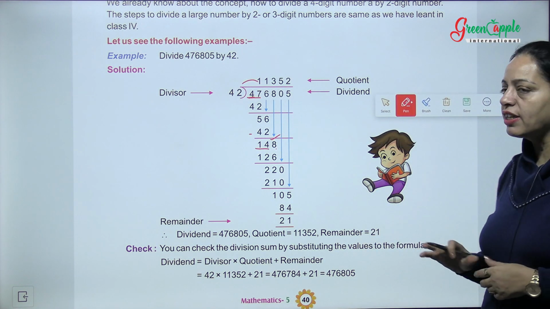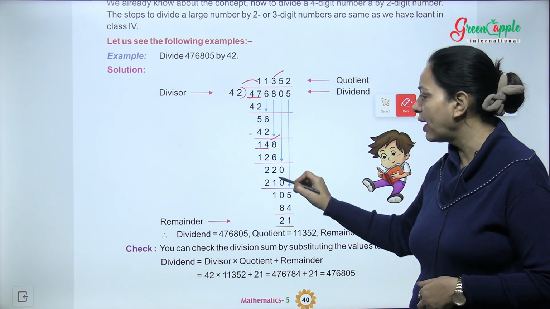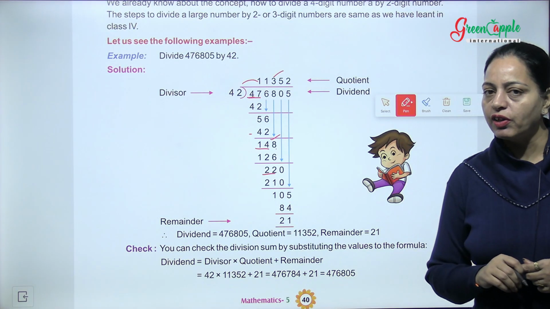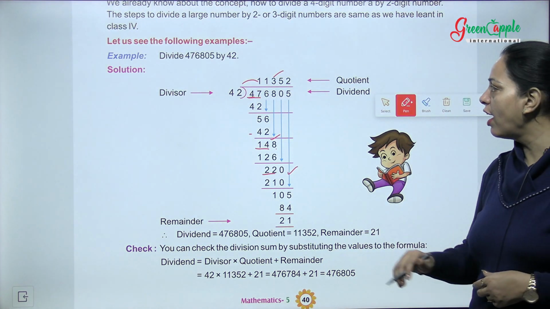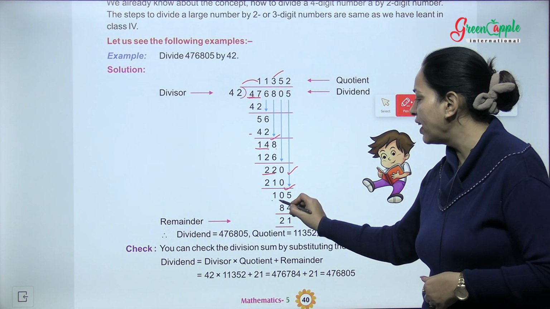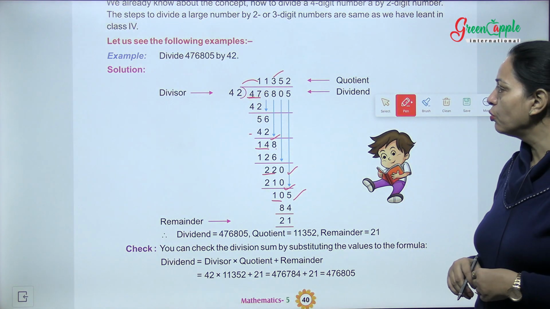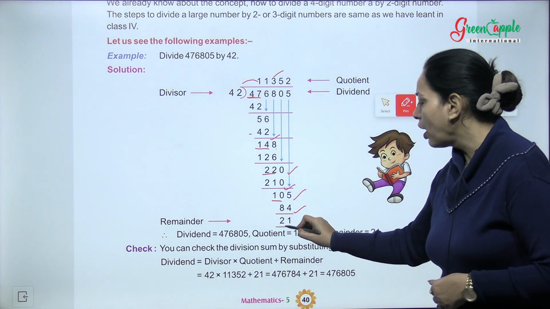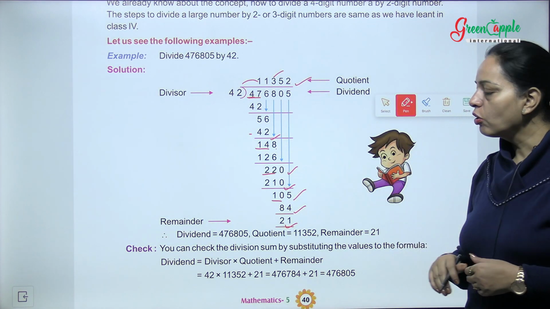Now 42 threes are 126. 3 here, 126 here, we will subtract. We are getting 22. Now take the next digit 0. Now 42 fives are 210. Okay, we will subtract. This is 10 only. Take the next digit, 105. Now 42 twos are 84. Now this is the remainder and this is the quotient.